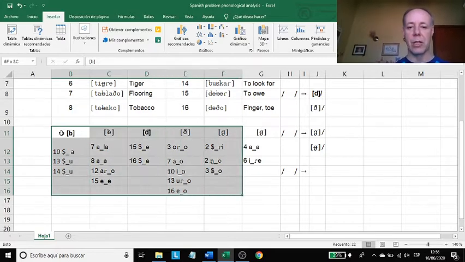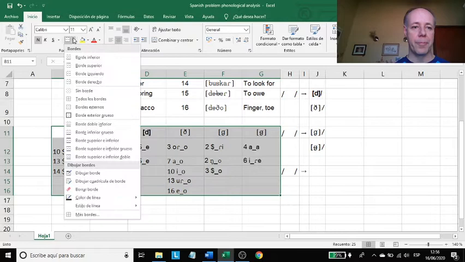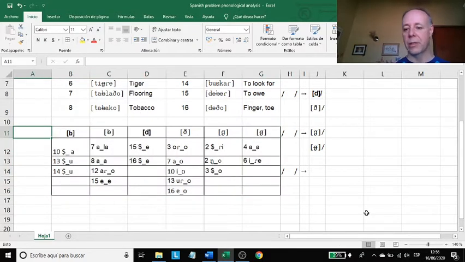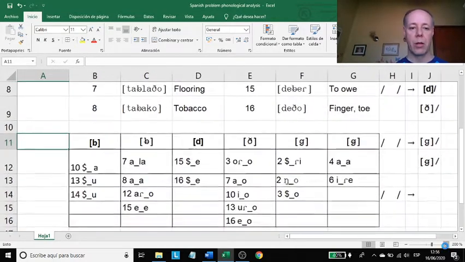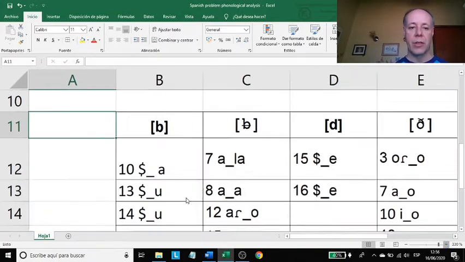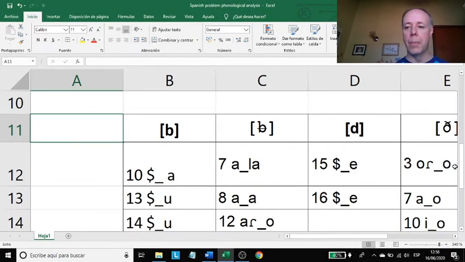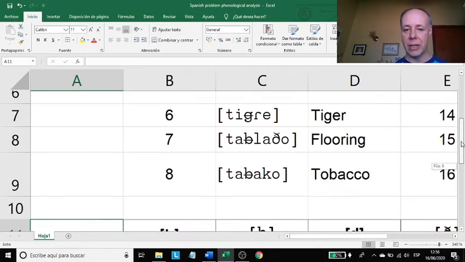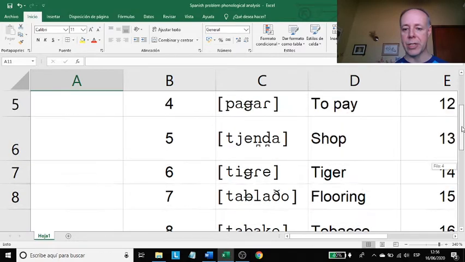Okay, let me do this, like this. And I'll enlarge it. So for the first one is B. B occurs in number 10, and number 10 is what?